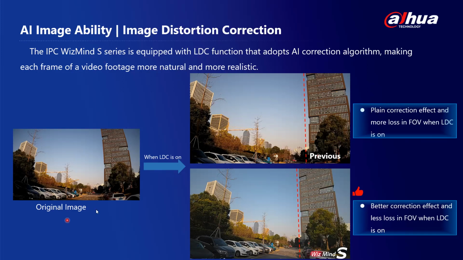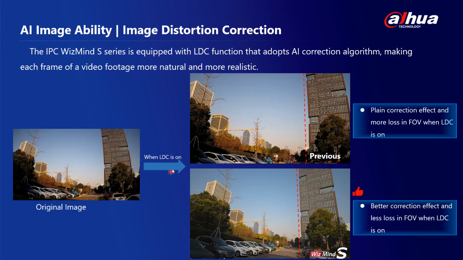So if you take a look at this, this is the original image captured by, let's say, for example, a WizMind 5 IPC. So simply because of the lens distortion, we find that the images, for example, the tall buildings tend to be a little bit warped. They're not that straight, they're a bit warped because of the circular nature of that particular lens.